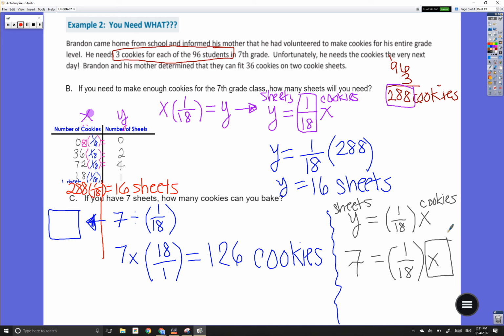And so to figure out that number, I would use the inverse operation of multiply. And that's how I would figure out that I needed to do 7 divided by 1/18, which still, in the end, still gives us the same number of 126 cookies. Okay? So those are the two methods that you could use. The table method is really nice because you're putting your math inside of the table, and it is helping you visualize how to figure out either the number of sheets or how to figure out the number of cookies.